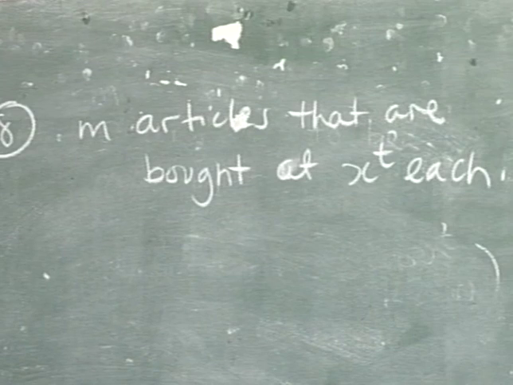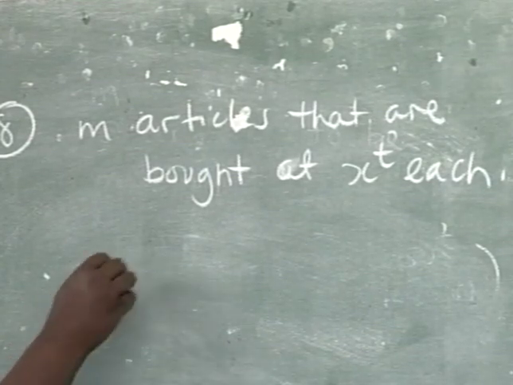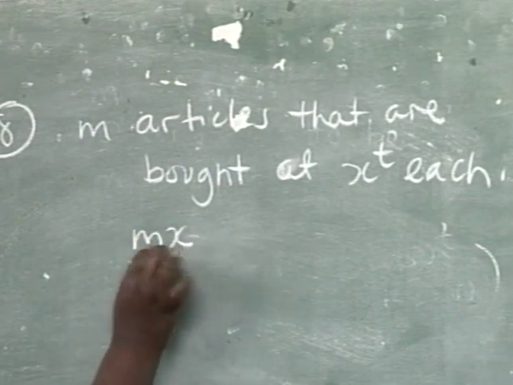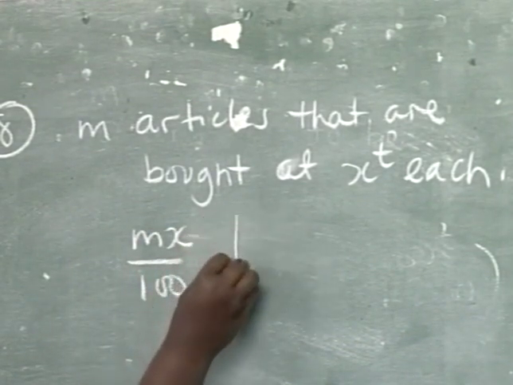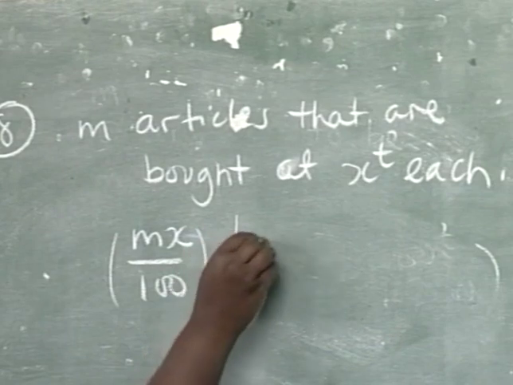How much do I pay for N articles? Any answers? It's actually very easy. M, it says in Kina, mx over 100. Okay, mx over 100, and that answer is supposed to be in Kina.